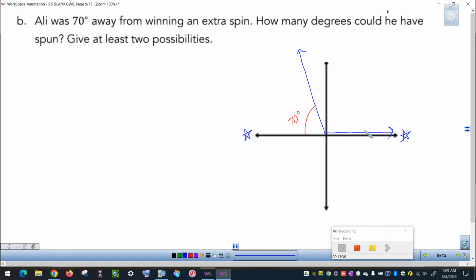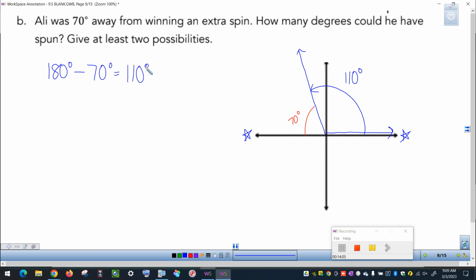How many degrees would we have to go from our starting position to land on this line? 110. So if 180 degrees is how far we need to go to get that extra spin, and we subtract 70, or we subtract 110, it'll work either way.